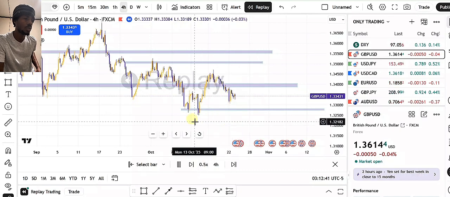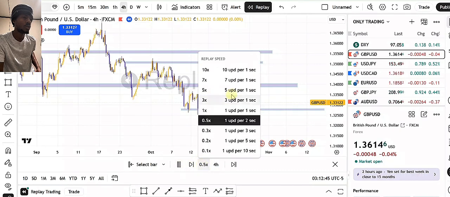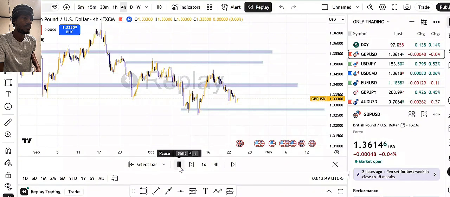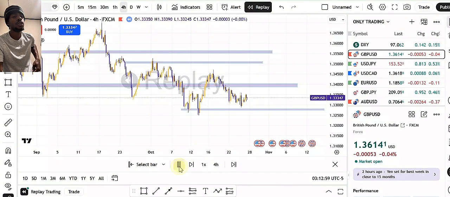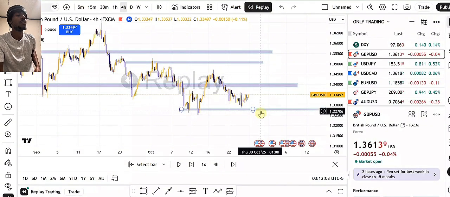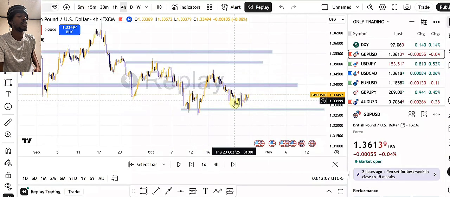Let me speed this up a little bit. It's moving a little bit too slow. So now you see how price is just staying inside the same range right here, right? We either need to see a break above this or a break below this to let us know if it's continuing the downtrend.